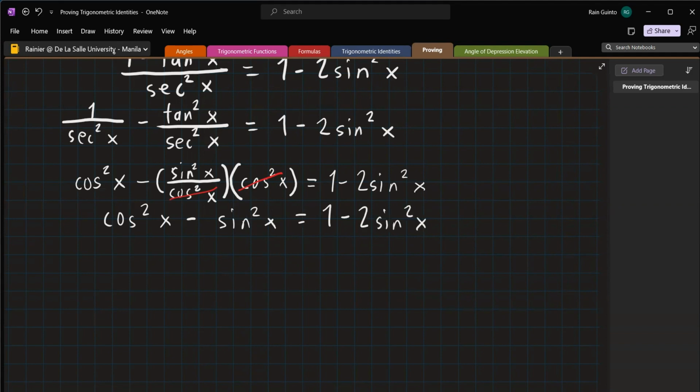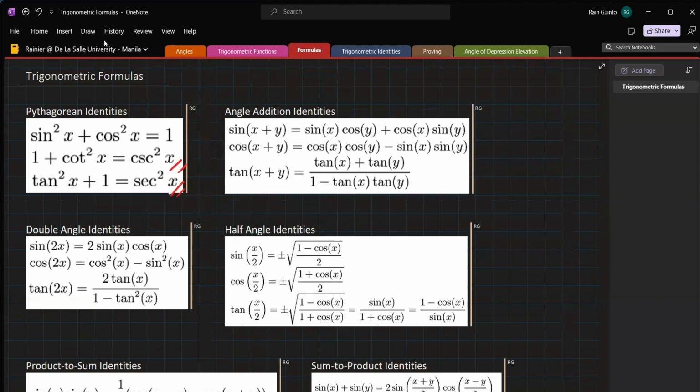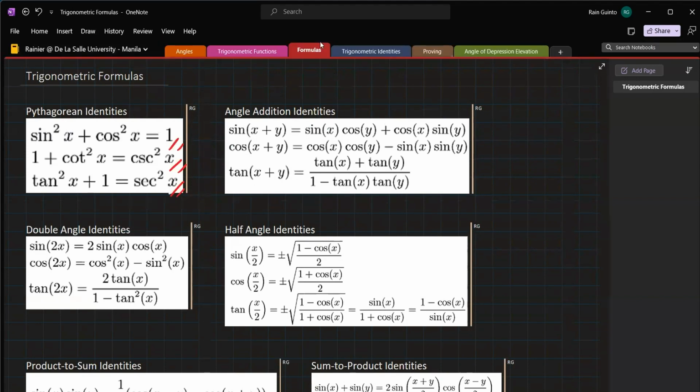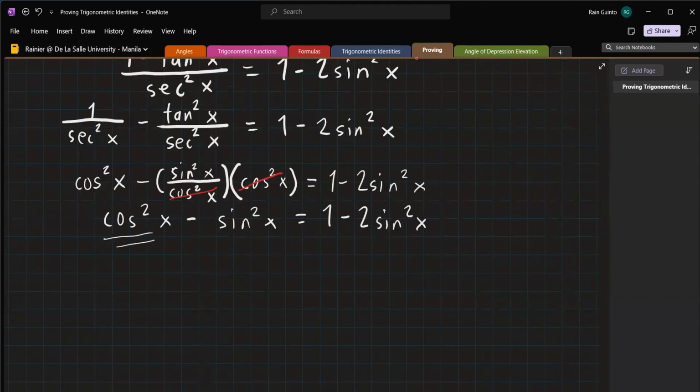So what do we do here from now? Well, we already have a negative sine squared x and we have a negative 2 sine squared x here. So let's try manipulating this one. And notice that we can use another Pythagorean identity here: sine squared x plus cosine squared x equals 1. What if we just transpose the sine squared x to the other side?